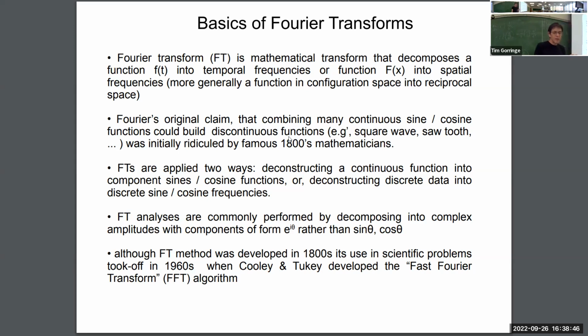And then the other one is where you have discrete data as your function. It's discrete data points, and you get a Fourier transform that's a set of sines and cosines, for example, that have discrete frequencies. So there's continuous Fourier transforms and there's discrete Fourier transforms. So that's one pair of classifications.